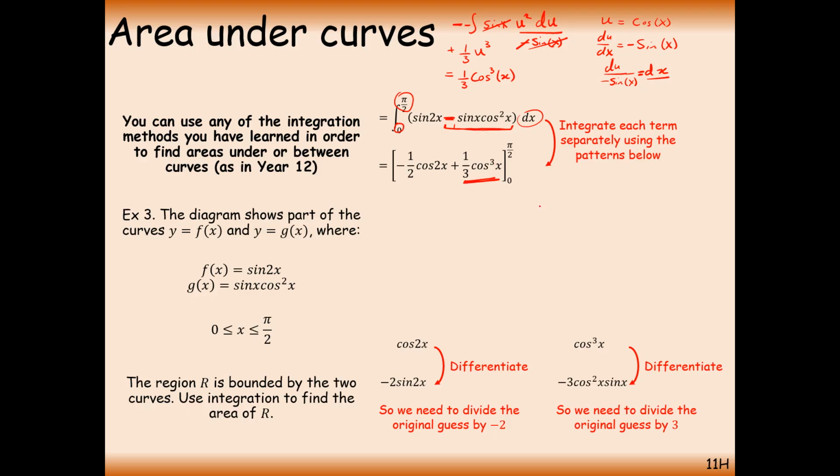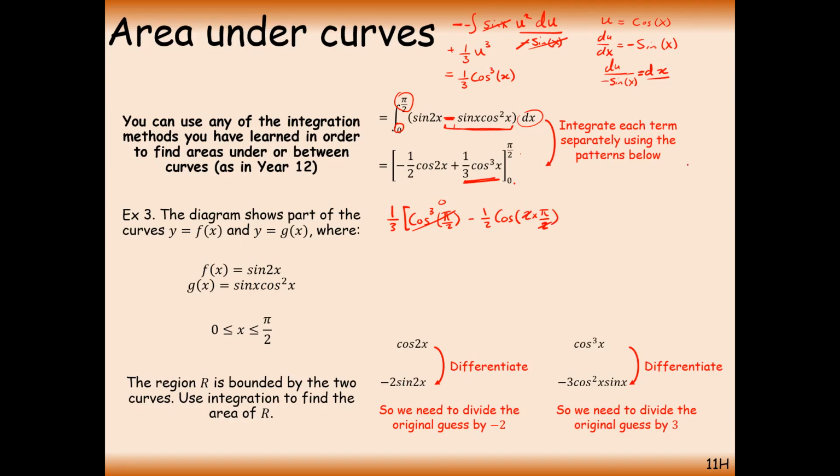Okay, so now let's substitute the limits into that integral and evaluate the final answer. We will have a third of cos to the power of 3. When we substitute pi over 2, cos of pi over 2 is 0, and we will subtract, actually let's write minus half cos of also 2 times pi over 2, which is simply pi.